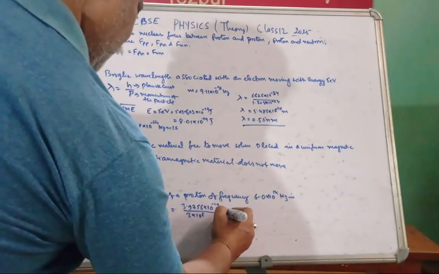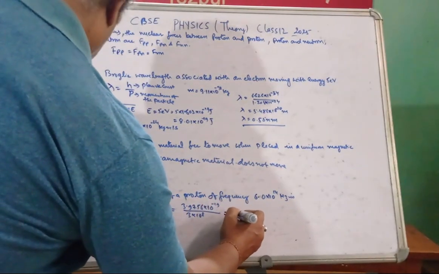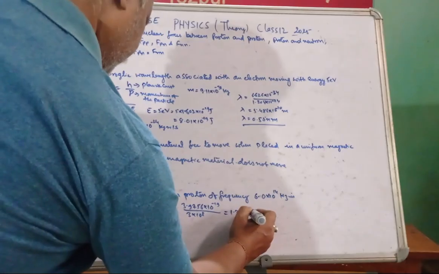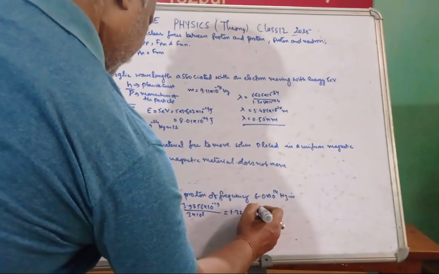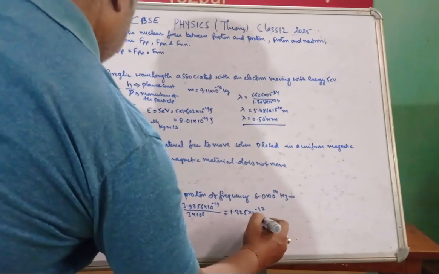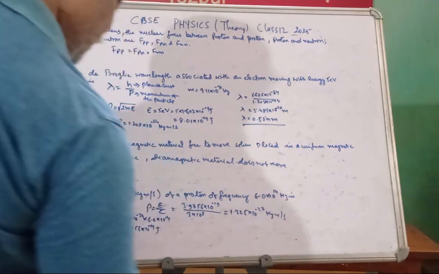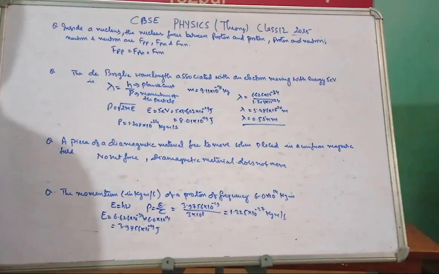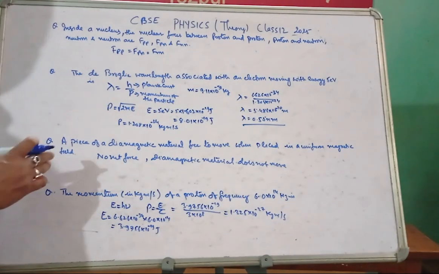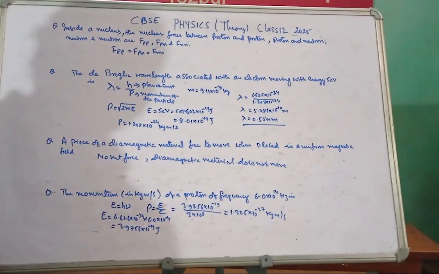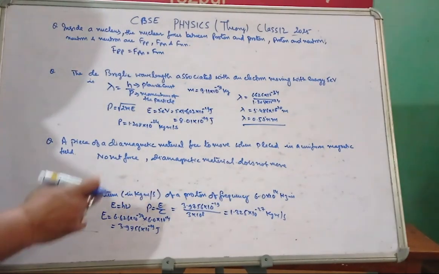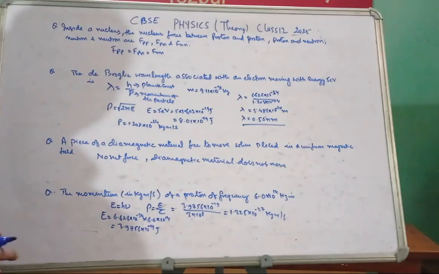So this comes out to be 1.325 into 10 to the power of minus 27 kg meter per second. So this is your answer. These are the two formulas used, and I have calculated it.